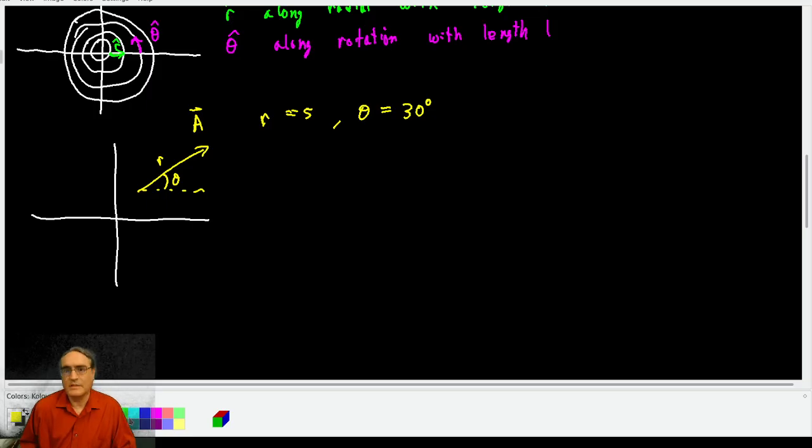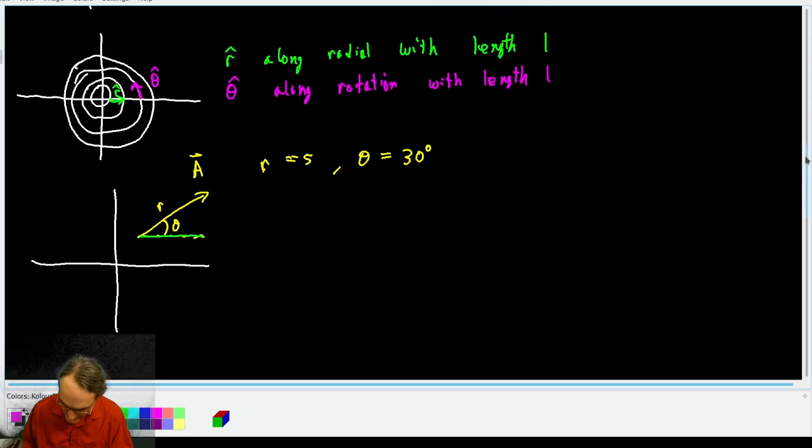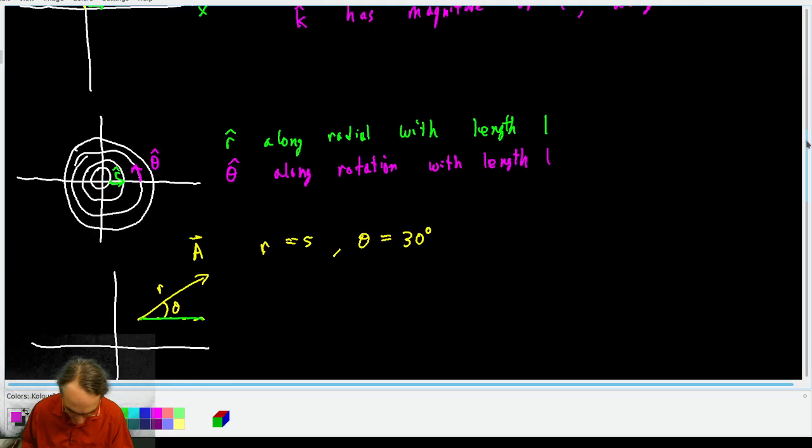We can decompose this into unit vectors. We're essentially going to think about how far is it along the horizontal side and how far is it along the vertical side.